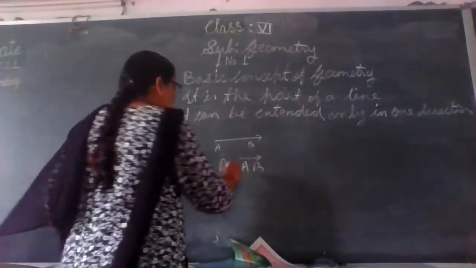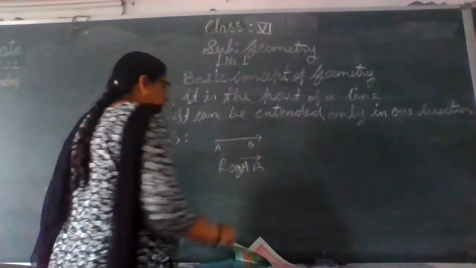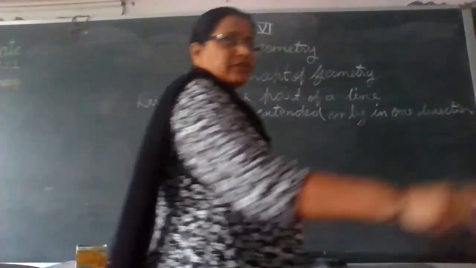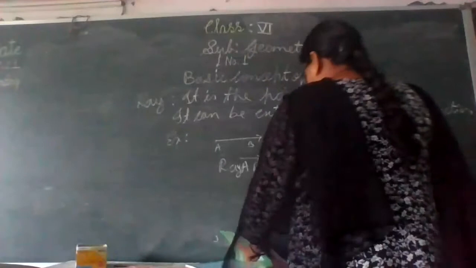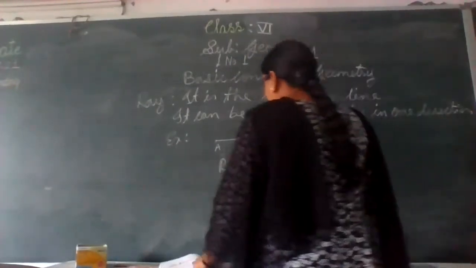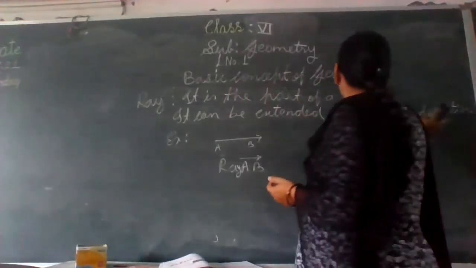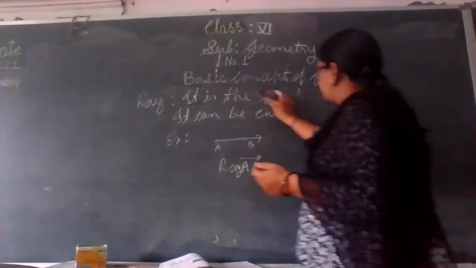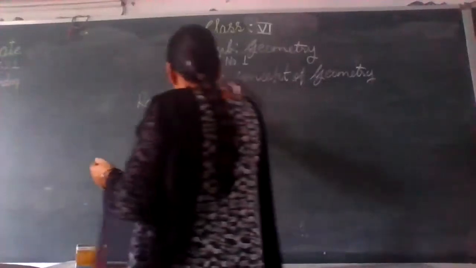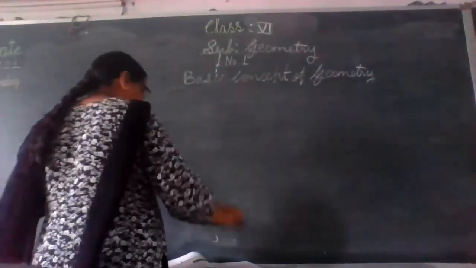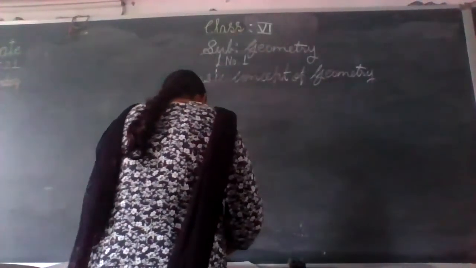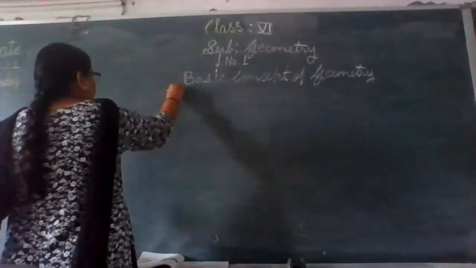So it is what, beta? It is ray AB. For example, sun rays, rays from the torch. So here the source is the sun. Initial point is the sun.